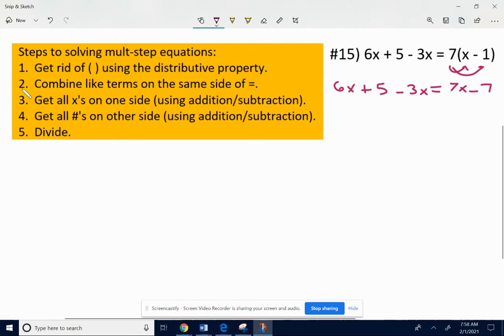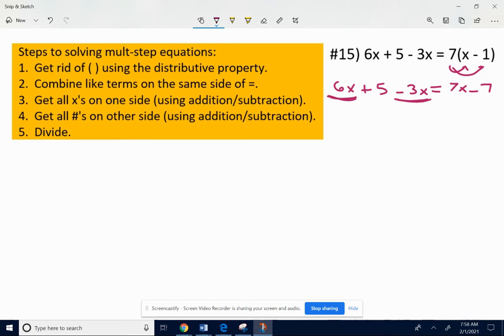Second step: combine like terms on the same side of the equal sign, if you have any. In this problem, we do. On the left-hand side, we have a 6x and a negative 3x. We need to combine those together because they're both x's. So 6x added to a negative 3x.